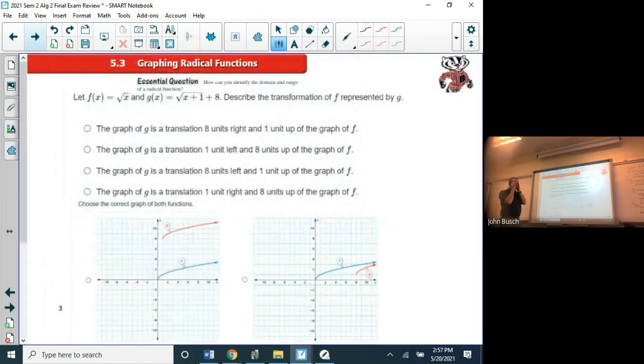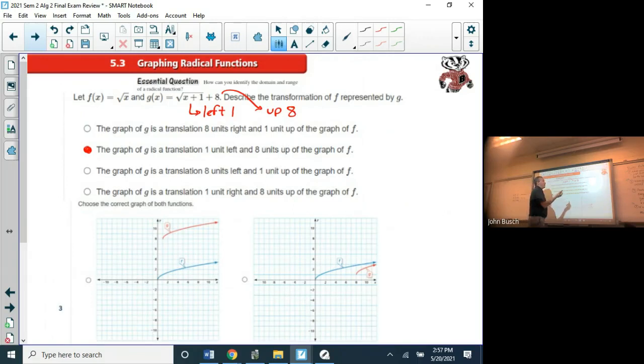And hopefully you know that you can graph these and just look at the graph and that'll help you out. This +1 inside shifts it to the left 1, and this +8 outside shifts it up 8. Okay, so which one is left 1, up 8?